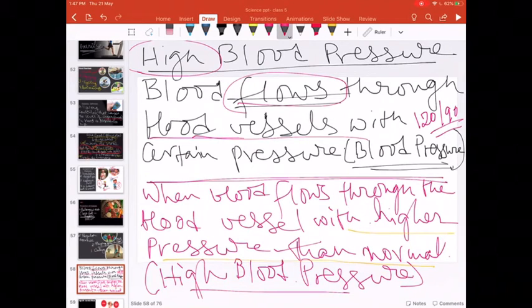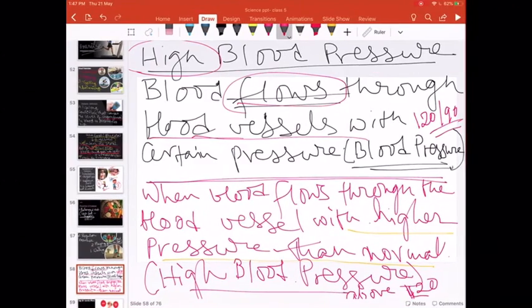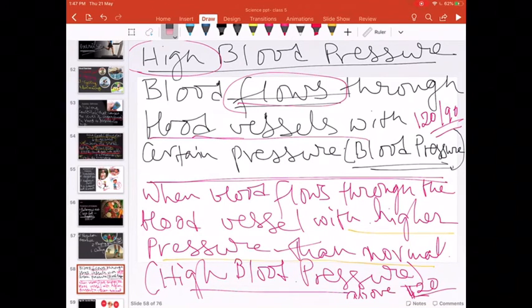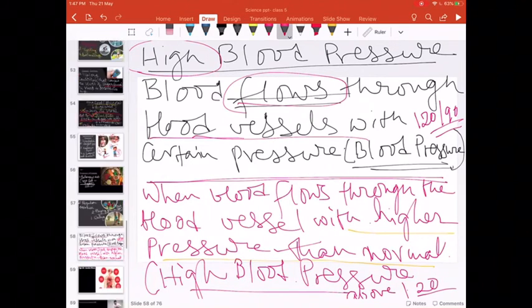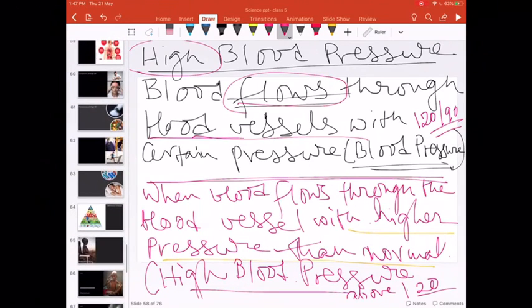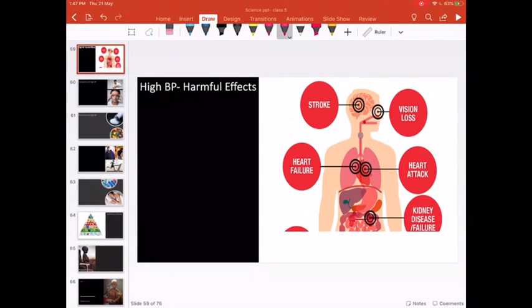Now below 90, it becomes low blood pressure, and above 120, it is high blood pressure. Above 120, it is high blood pressure. Okay, so it is one extra information I have given.